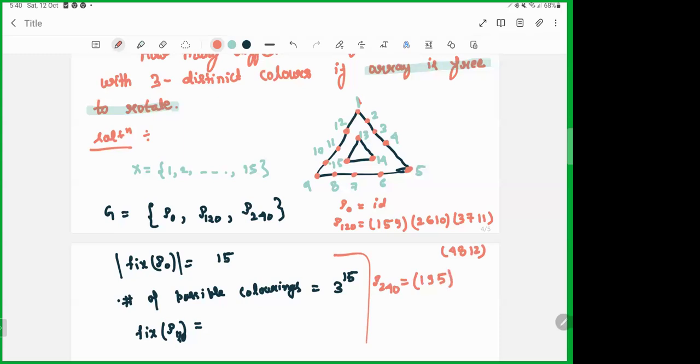Then 2 goes to 10, and 10 goes to 6. Similarly, 3 goes to 11, and 11 goes to 7. And then 4 goes to 12, and 12 goes to 8. Yes, this is all.